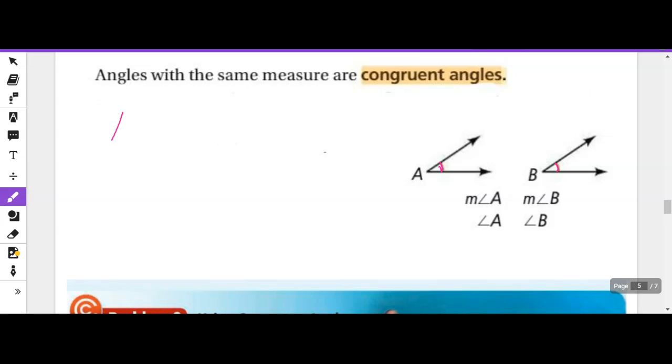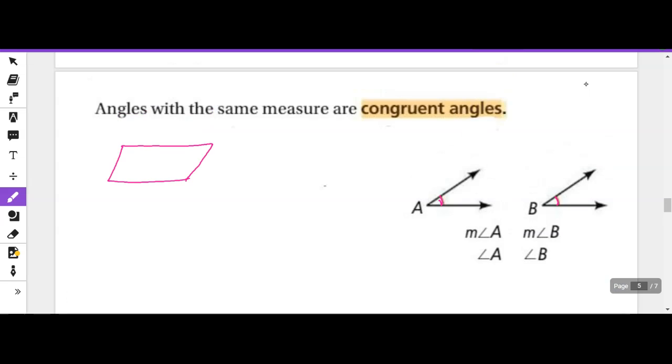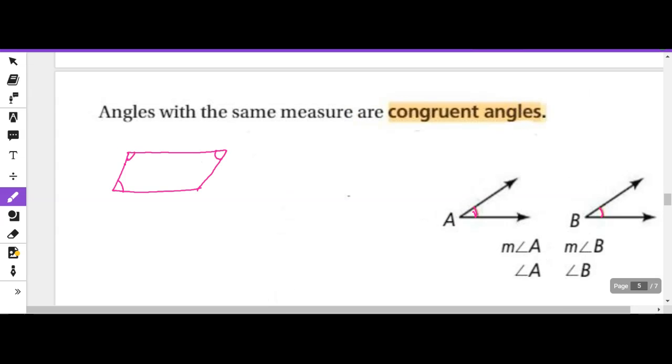So if I had, let's say, a parallelogram, a single arc means those two angles are the same, and then a double arc means that these two angles are equal.